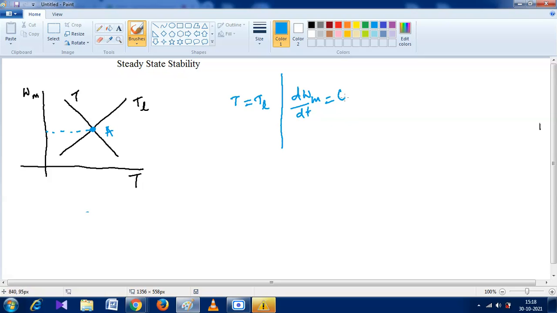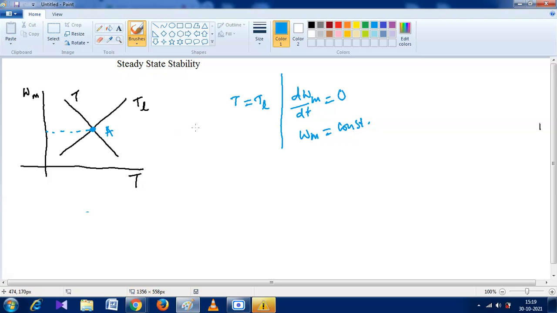Zero. That means there is no acceleration or deceleration of the motor. Is there any acceleration at that time? No, sir. So we can say at that time the speed of the motor is constant.